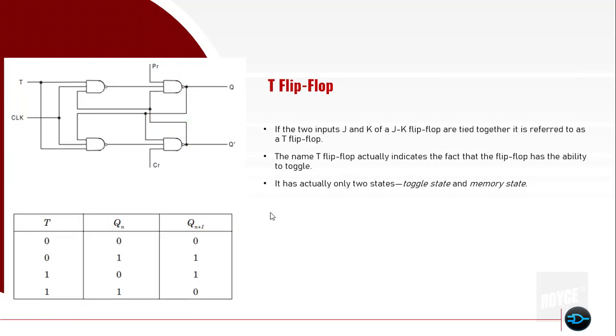The last type of flip-flop is what we call the T flip-flop. So, ito yung parang yung 1, 1 ng JK flip-flop. So, anong ginawa dito? If the two inputs daw of a JK flip-flop are tied together, it is referred to as a T flip-flop.